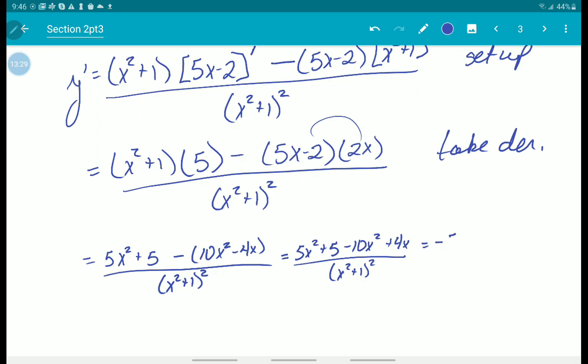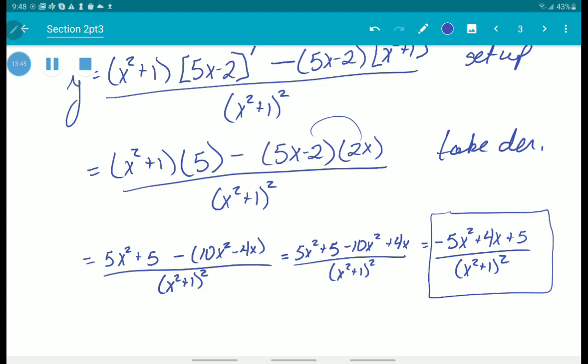Combine like terms, we have negative 5x squared plus 4x plus 5 over x squared plus 1 quantity squared. So with this one, it doesn't look like we're going to be able to factor anything and cancel anything. So there is our final answer for that one.